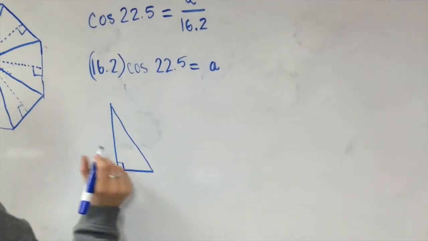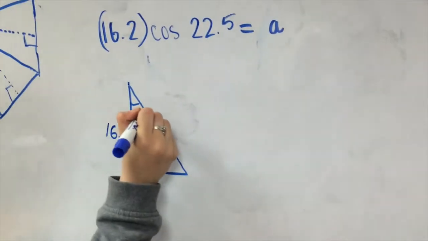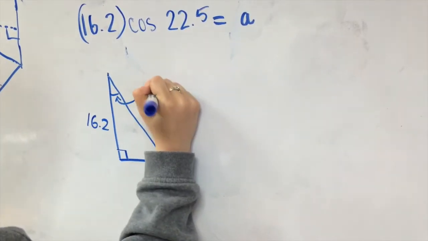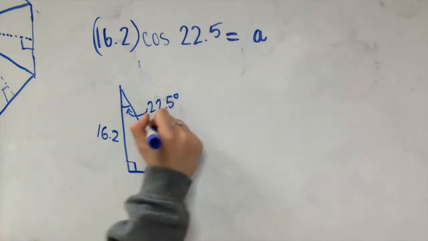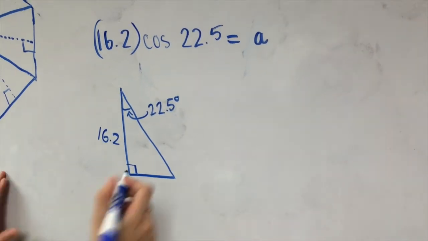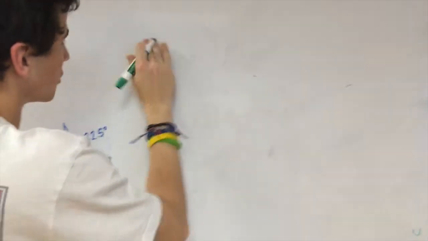You have 90 degrees, and then you have 16.2, 22.5 degrees. And we're trying to find the area. So the answer for A is 14.97.